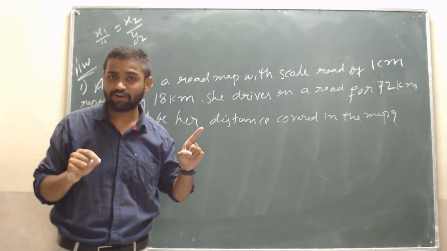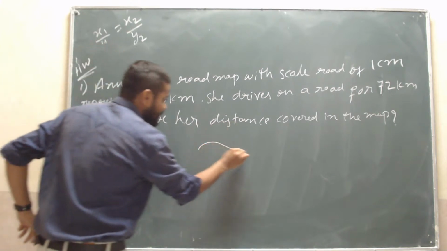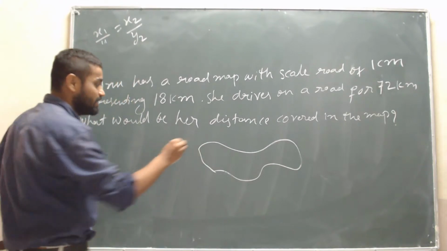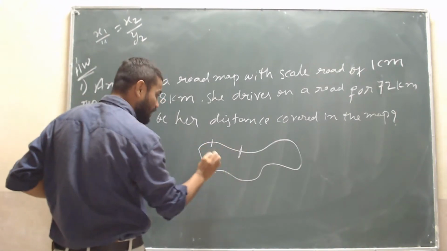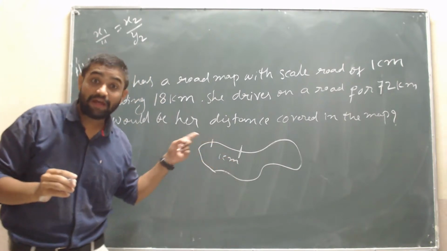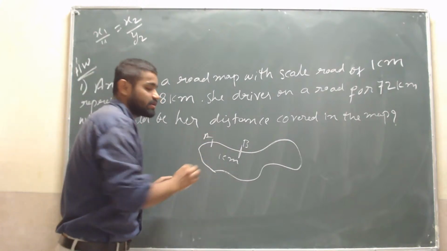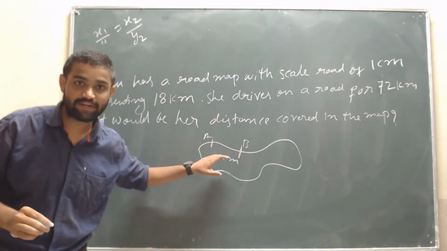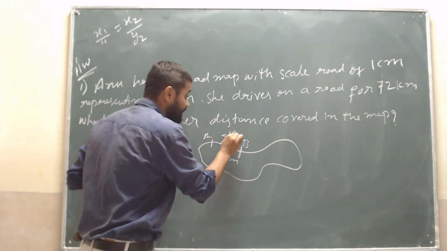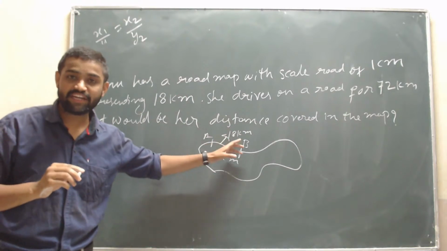Are you getting my concept? See here, this is a Google map road, and from here to here is 1 centimeter. When we travel from A to B, that is 18 kilometers.